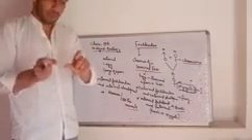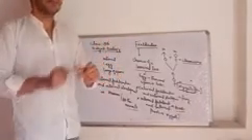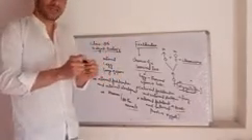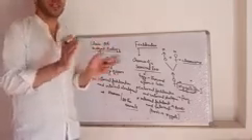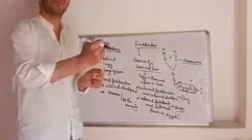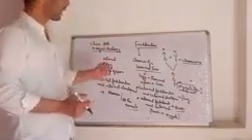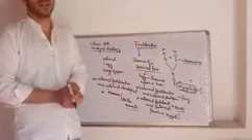Once the male discharges its gametes inside the female, these gametes travel to the oviduct where the fertilization takes place. So this fertilization takes place inside the female body. It is called internal fertilization.